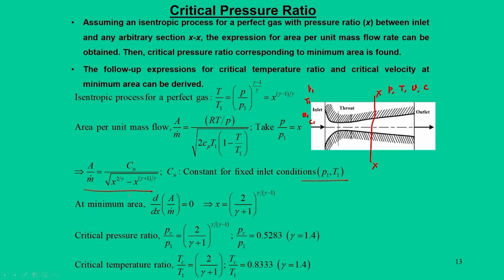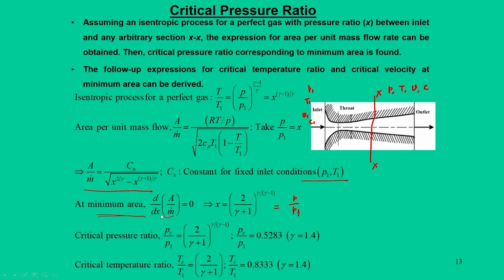Now, this expression gives the condition for minimum area by differentiation of A by m dot, d by dx, and after differentiation we find that x is equal to 2 by gamma plus 1, to the power gamma by gamma minus 1, and this x is nothing but P by P1. In other words, any arbitrary pressure is denoted with respect to its initial condition P1.